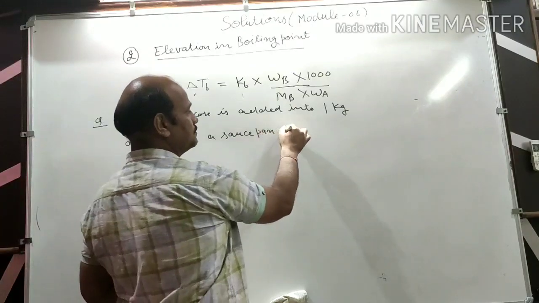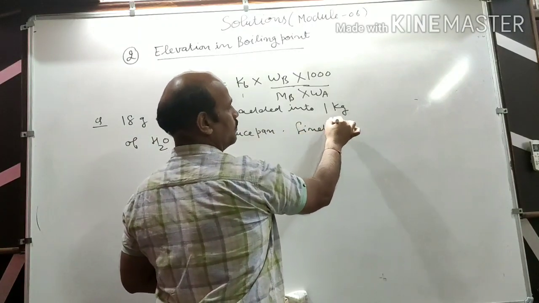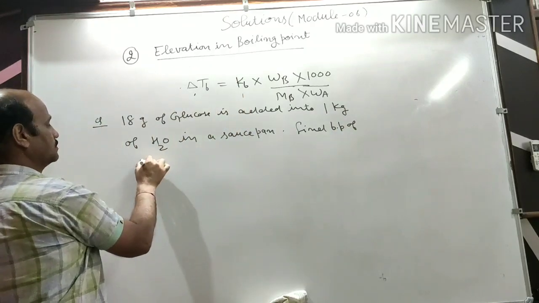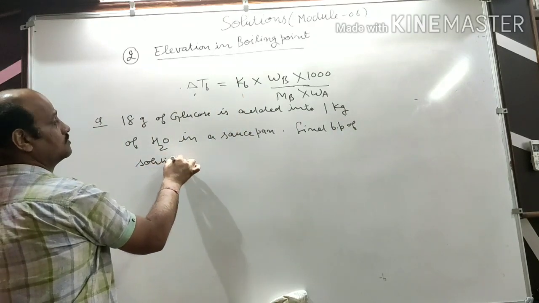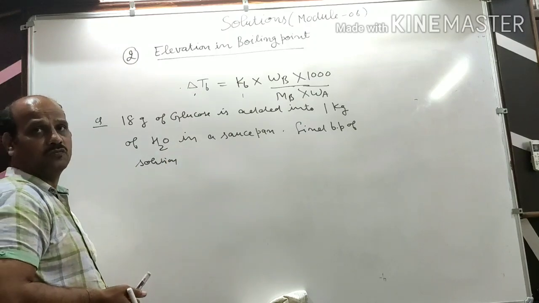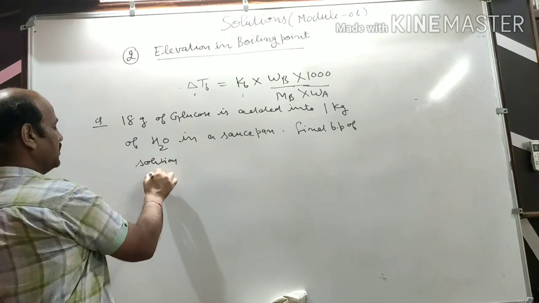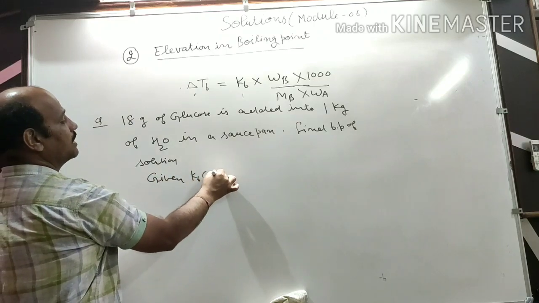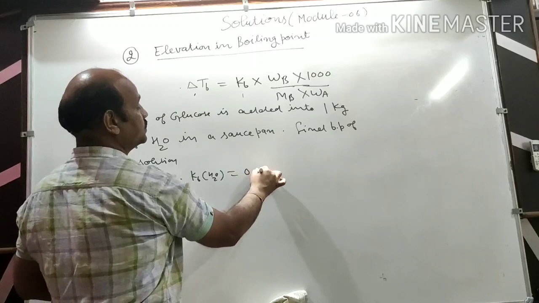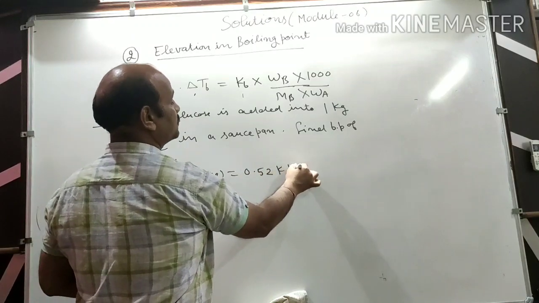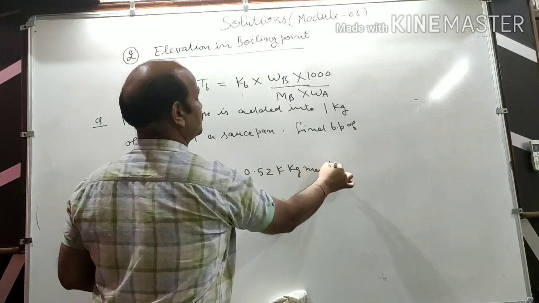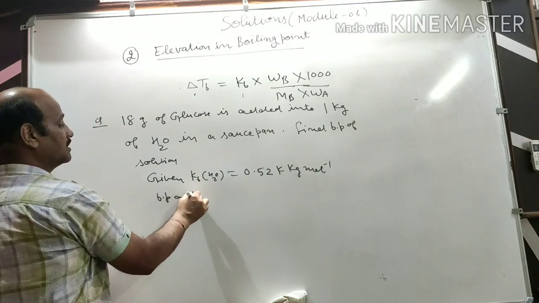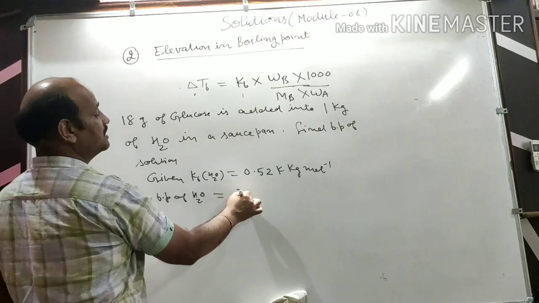Find the boiling point of solution. Given, KB for water is 0.52 Kelvin kg per mole. The boiling point of water is also given, that is 373 Kelvin.